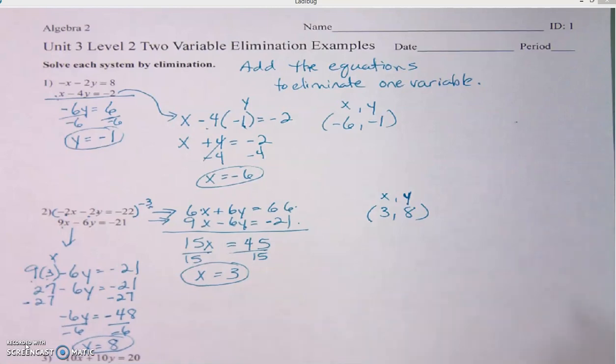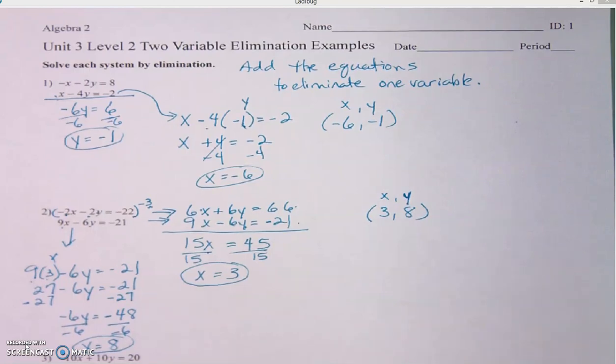The third example, I'm going to look at my coefficients. I have a 10 and an 8, and a 10 and a 3. They're not the same, but I also cannot multiply my 8 to get to a 10 or my 3 to get to 10 either. So what I have to do is multiply both of the equations by different numbers so that I get the same coefficient.